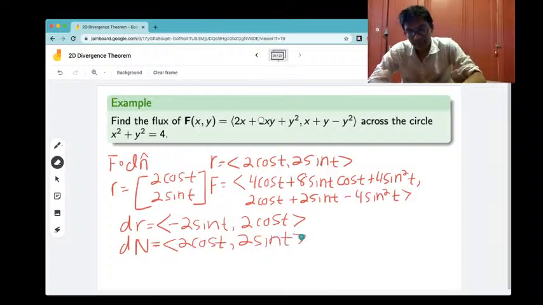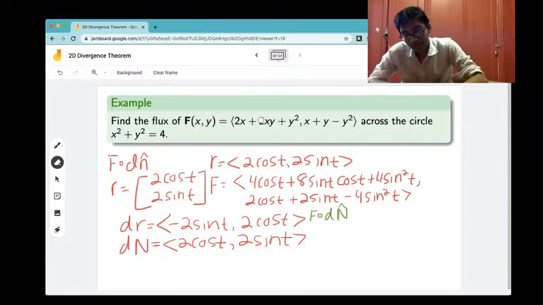Okay, but we're not done. Oh, we're almost done. We just have to find f dot dn. Let me actually do it in a different color so that it's visible to the audience members. So I'll do f dot dn right here, right now. So how do I do f dot dn? Well, let's see. This one's going to be crazy.